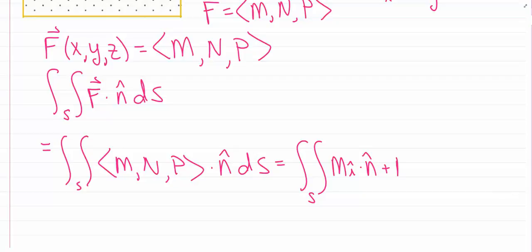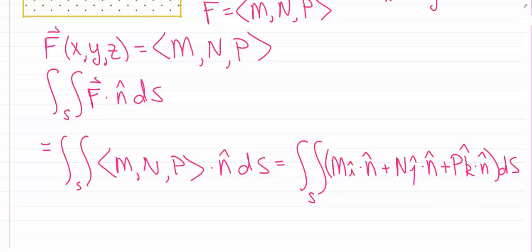Plus the second term here, N j, dotting that with n. And then finally the P, which is P k, and I will dot that with n. And then we've got all this times dS. Is everybody okay with that?